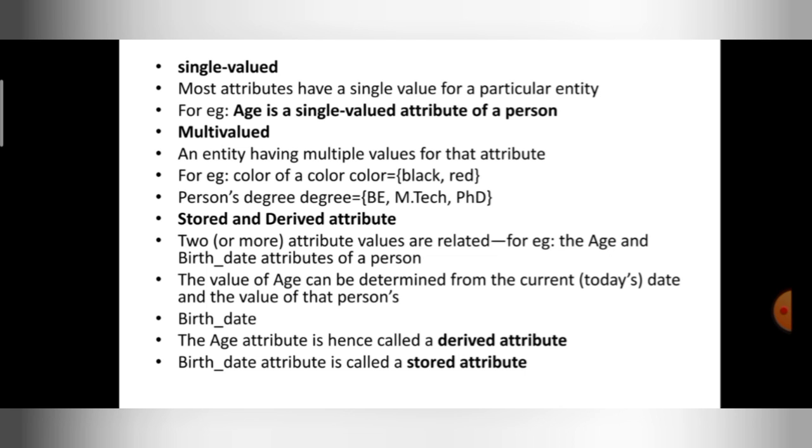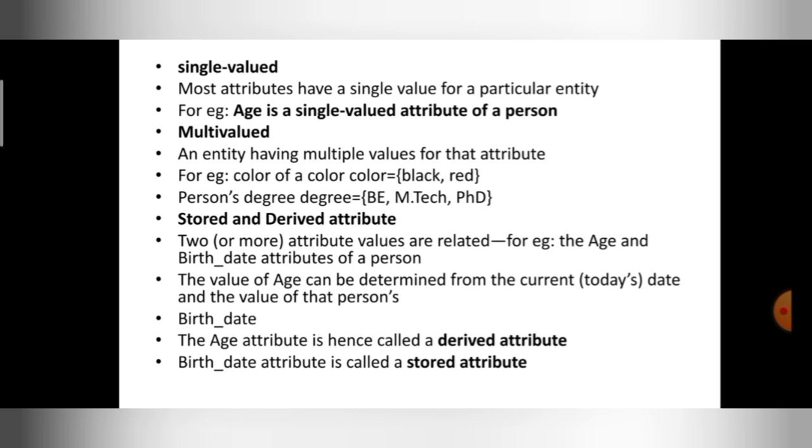Next, stored and derived attributes. For example, two or more attribute values are related, like the age and birth date attributes of a person. The age can be determined by the date of birth. In the same way, date of birth can be determined by age. The age attribute is called a derived attribute.